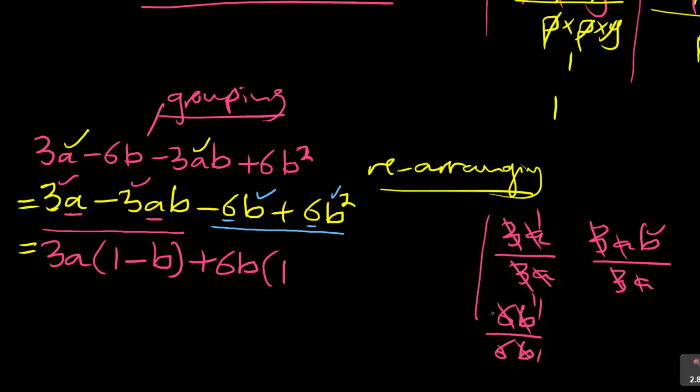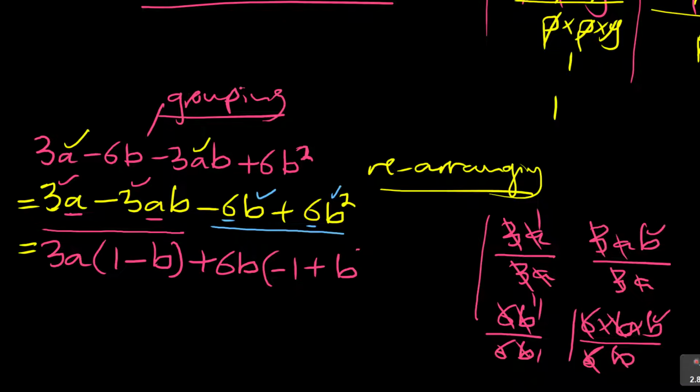Now this is a negative 6b. So you'll have minus 1 in this case. Are you seeing that? So it's a negative 1. And then plus, again we have got 6b squared is 6 times b over 6b, the common factor. Then cancels, you can see b is remaining.